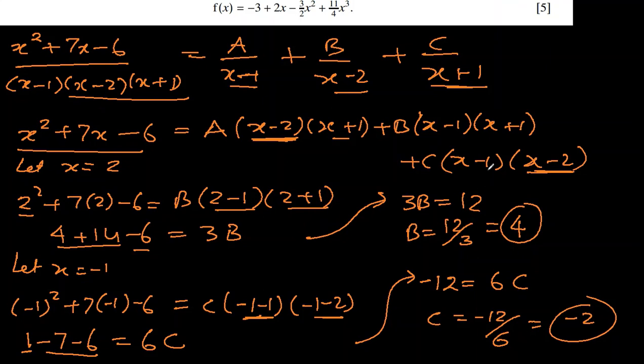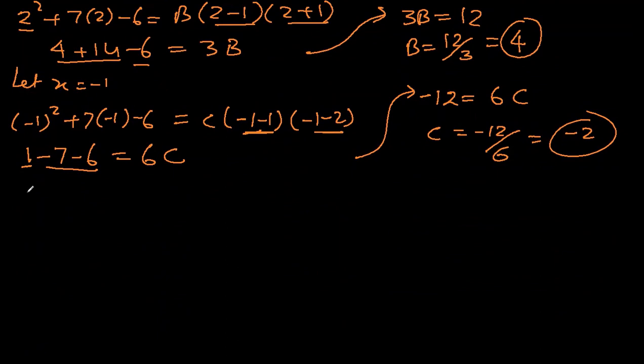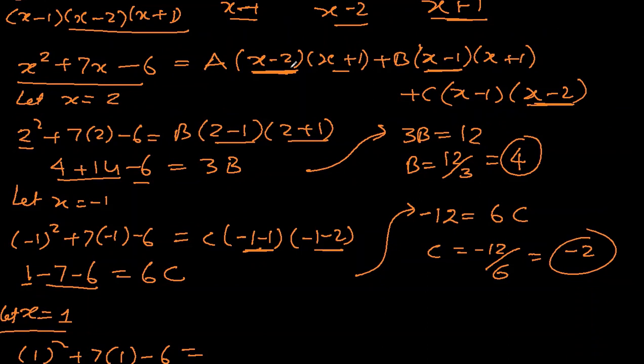Now we can make one more assumption, and in that case, so 2 we have done. Okay, let's make it x equal to 1. That will make this 0. Okay, so let's do it here. X equal to 1. So it will become 1 square plus 7 times 1 minus 6 equal to, let's go back to our equation. What becomes 0?